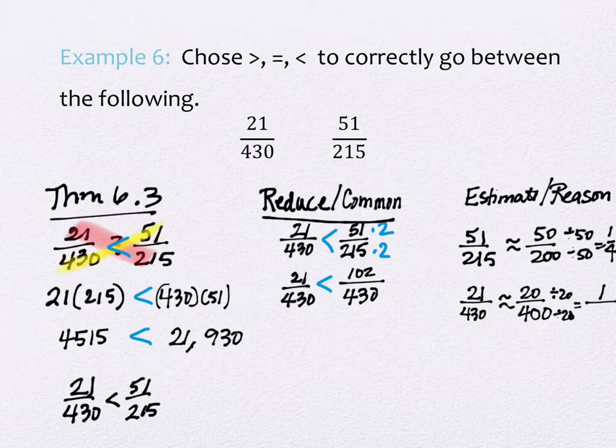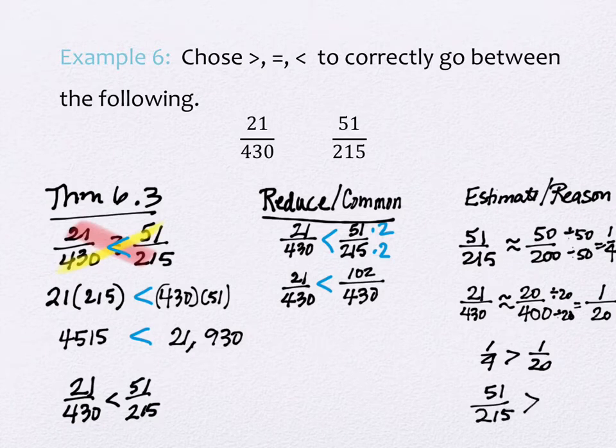It's 20. Yeah. 1/20th is much smaller than 1/4. Now, if the numbers are a little closer together, this is not necessarily a great approach, right? But on this one, it's pretty reasonable because they're so significantly different in value. So again, 1/4 is much larger than 1/20th, making the 51 over 215 larger than the 21 over 430.